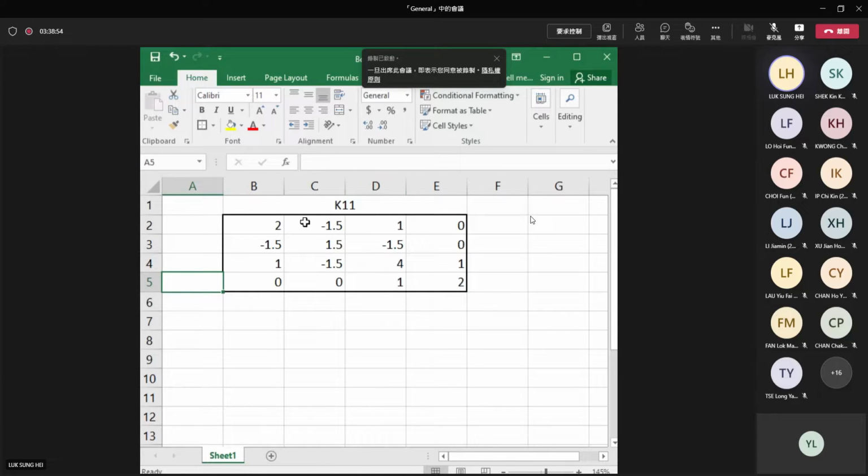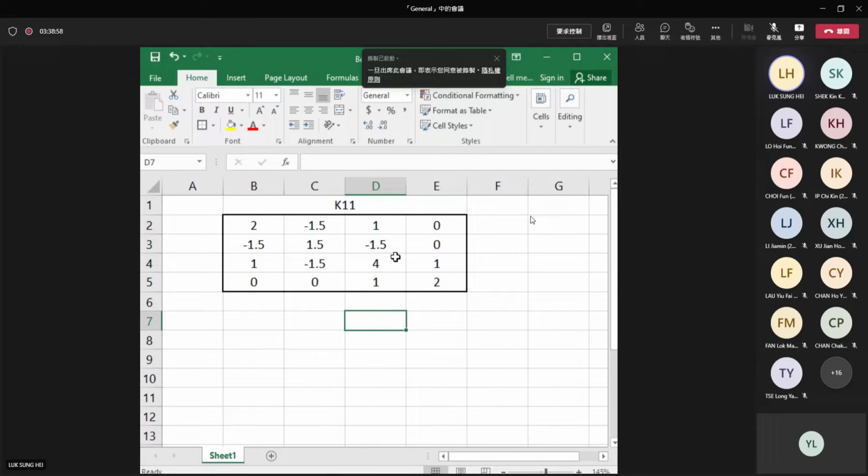This is the K11 matrix that we calculated in the previous example one for the beam. Let me double check. It seems okay, right? Then how do we find the inverse?